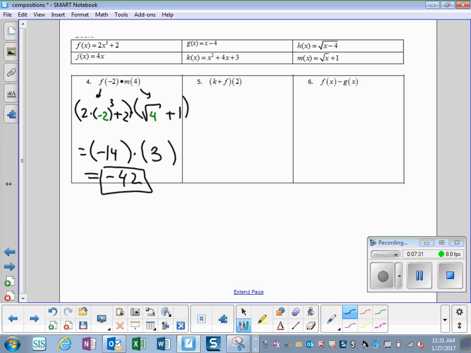So what do you think number 5 is? What does this notation mean? Very similar to number 3. So it's k of 2 plus f of 2. So let's just do that. Try on your own.